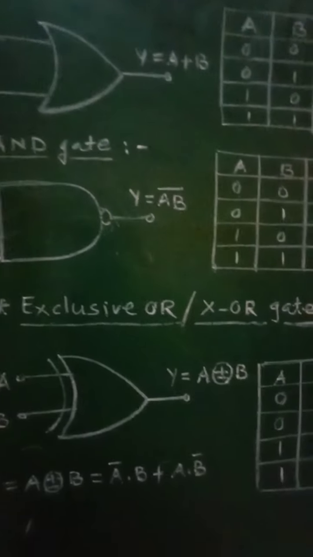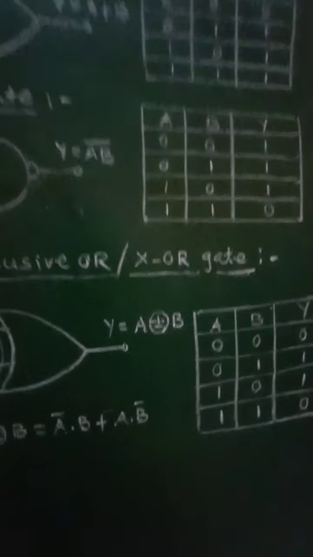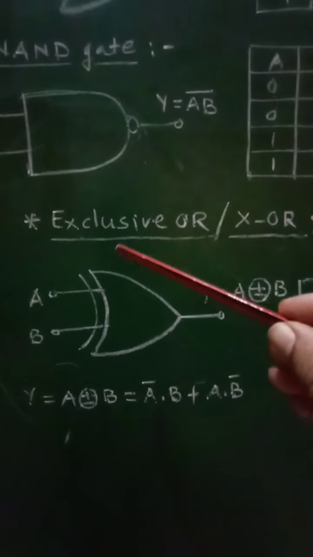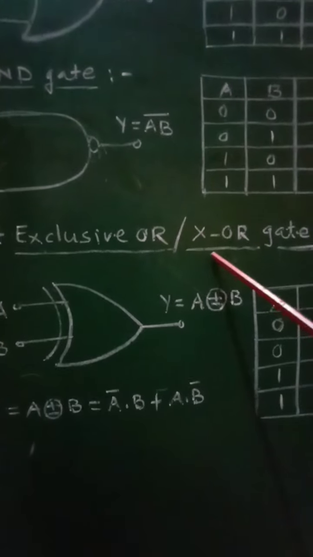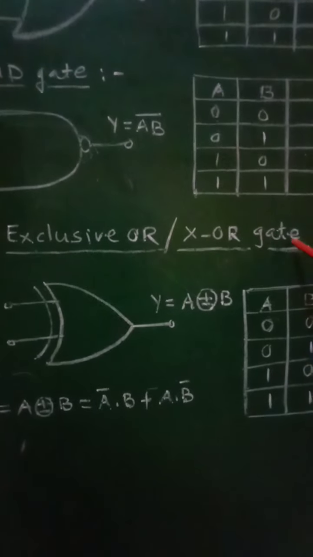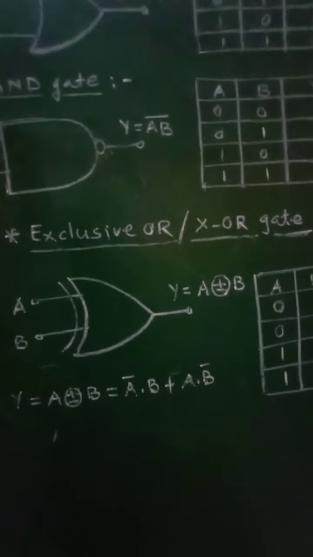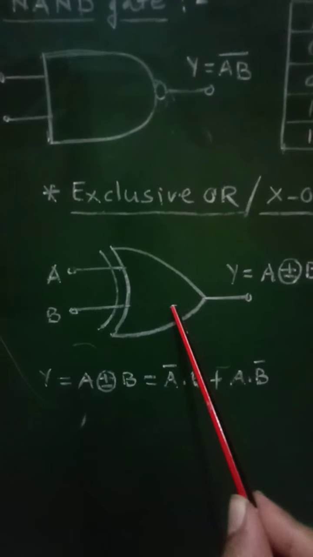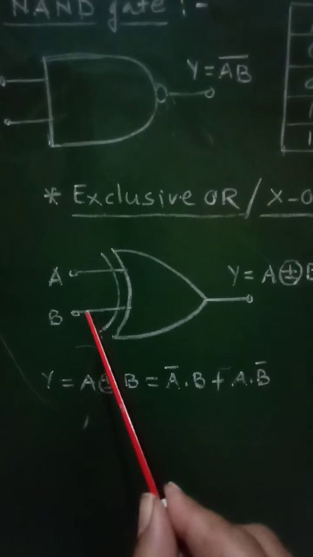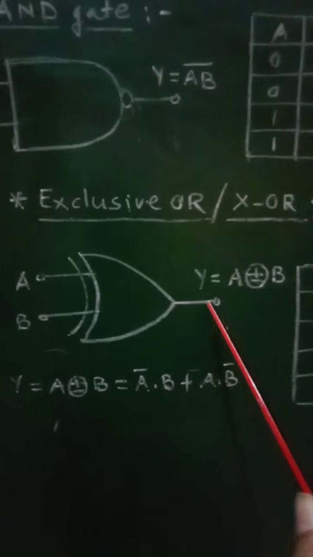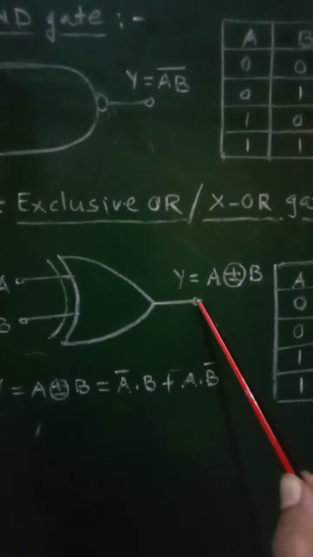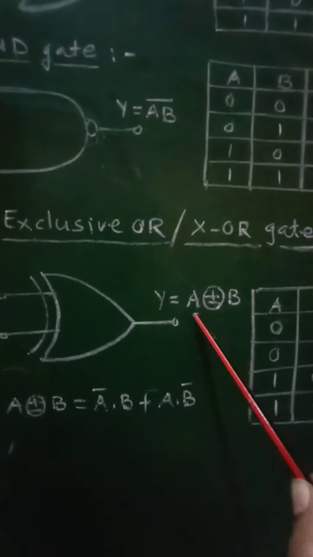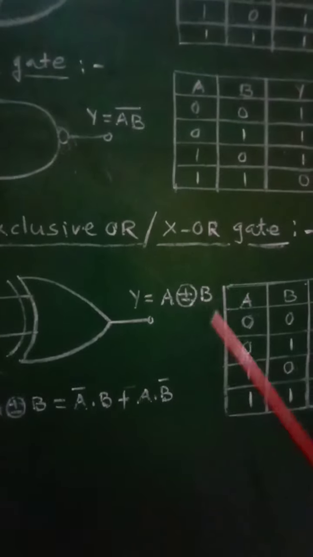If the circuits are equipotential circuits, then such a type of exclusive OR, in short XOR gate, will be used. Again, symbolically, the XOR gate will be shown like this. It will have two inputs A and B, and its output will be obtained as Y equals A ⊕ B.